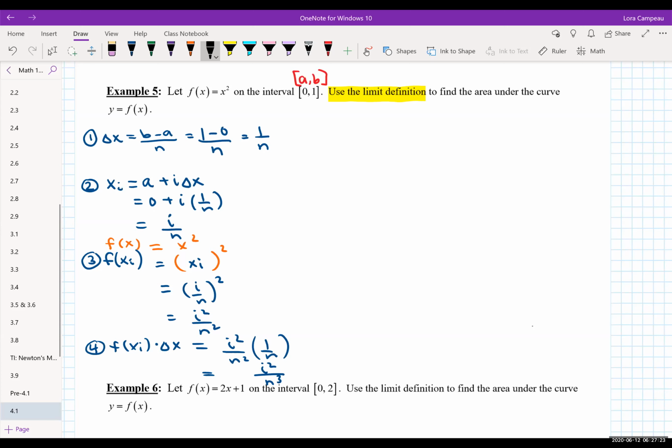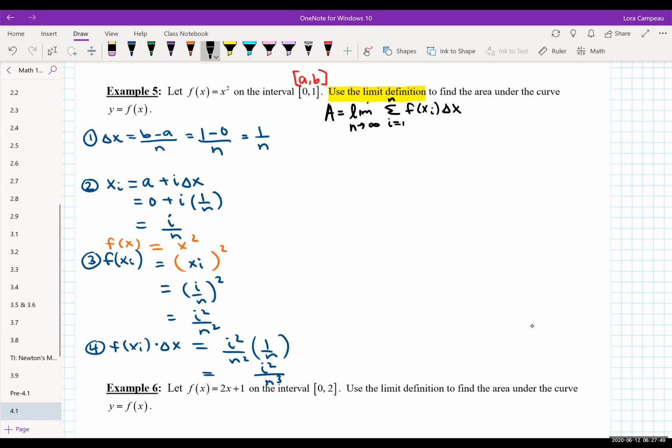But having said that, if we are using the limit definition, let's write it out in general. The area is the limit as n approaches infinity of the summation of i equals 1 to n of f of x sub i times delta x.